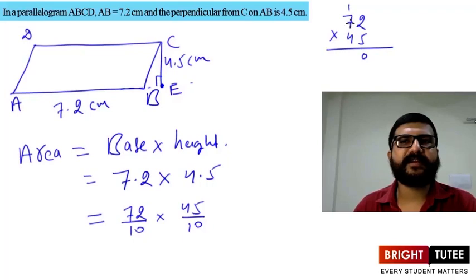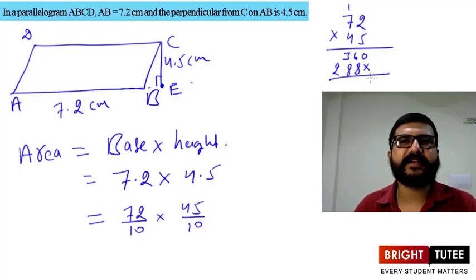Now 5 into 7 is 35 plus 1, 36. We will put one cross here below the 0. Now 4 into 2 is 8 and 4 into 7 is 28.